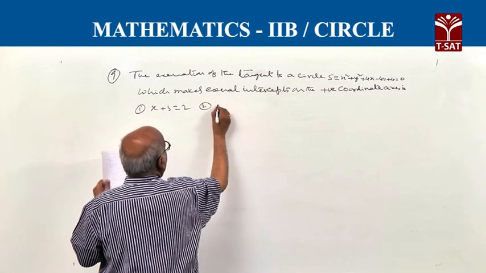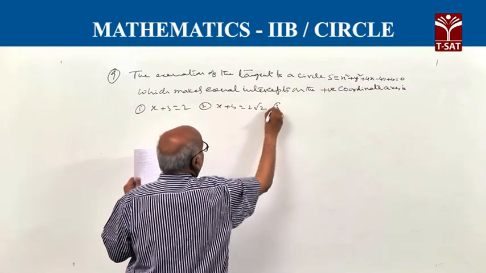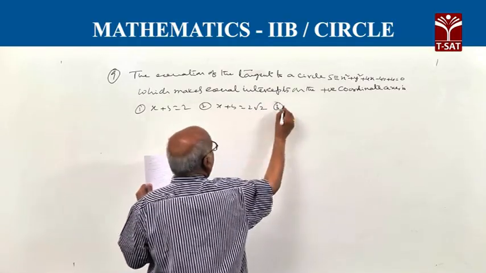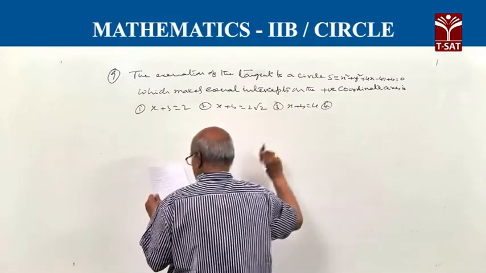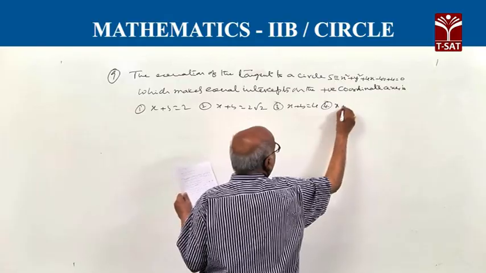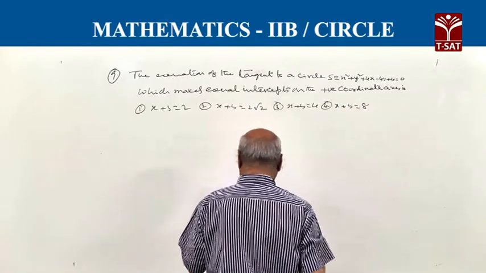Number 2, x plus y is equal to 2 root 2. 3, x plus y is equal to 4. And 4, x plus y is equal to 8.